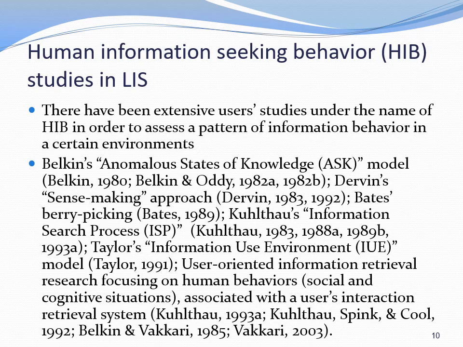What he talks about in ASK, I can tell in one statement: he found that users don't know what they want. When users approach to seek information, they actually don't know what they are asking or what they are looking for. So it's like an anomalous state of knowledge.